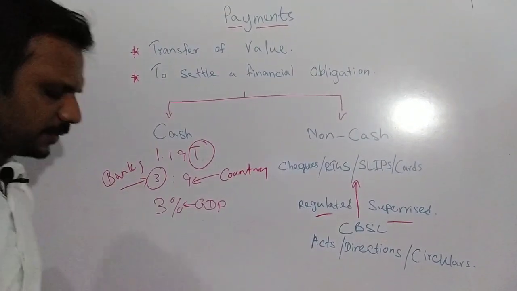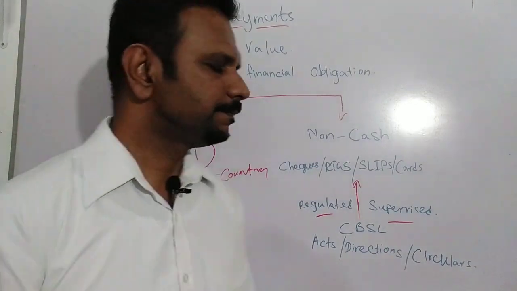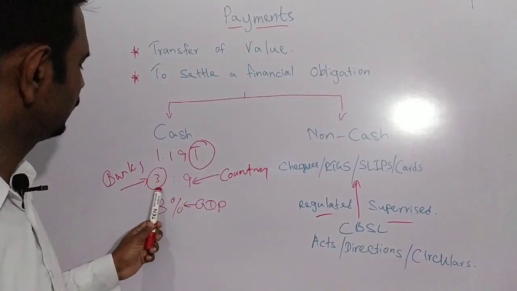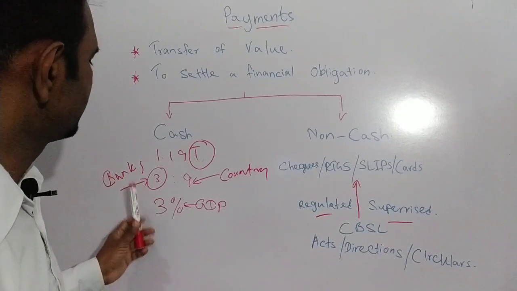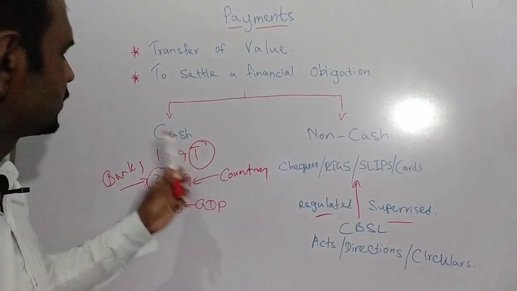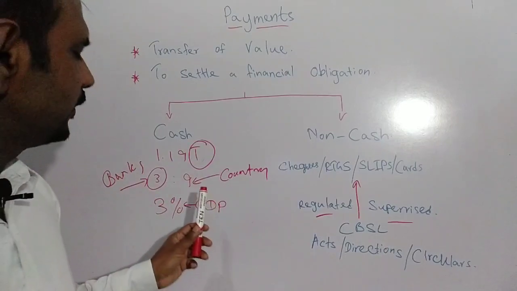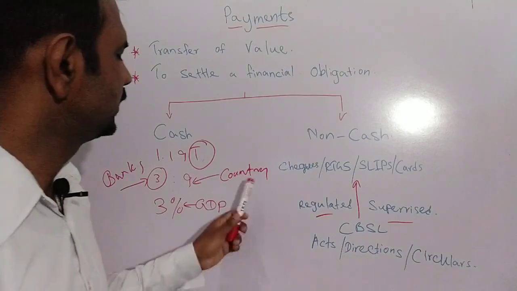So in banks 3 parts, and in the normal society something like 9 parts.